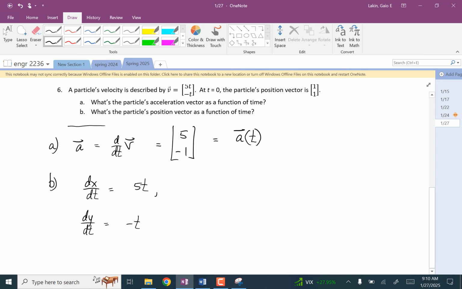For the x equation, the boundary condition says that x, when time is equal to 0, is equal to 1. And for the y, it says y, when time is equal to 0, is equal to 1. Okay, so we have two separate differential equations, and we just have to solve both of those.